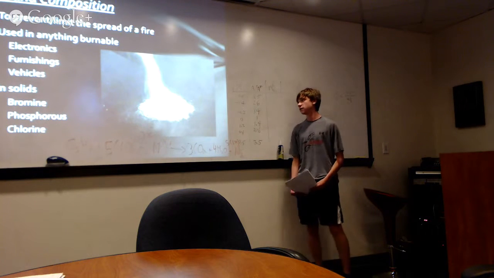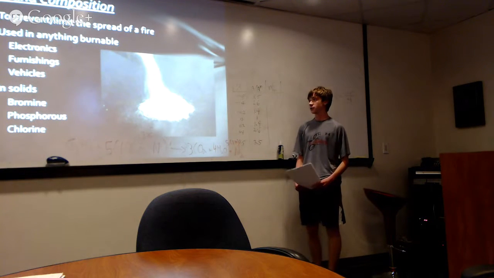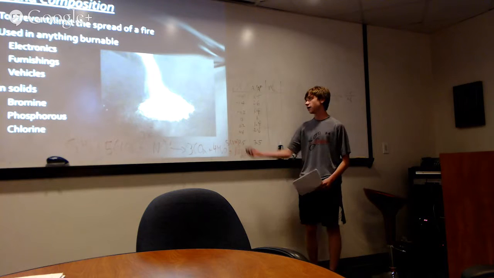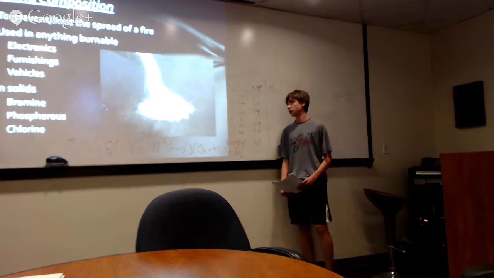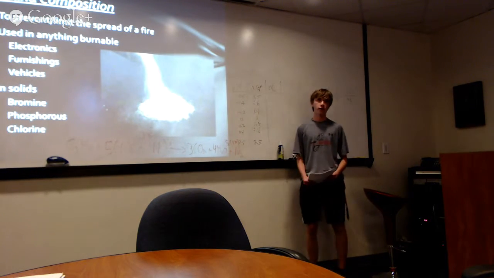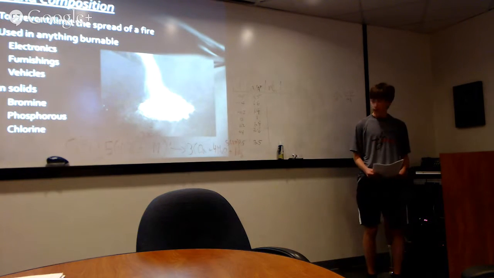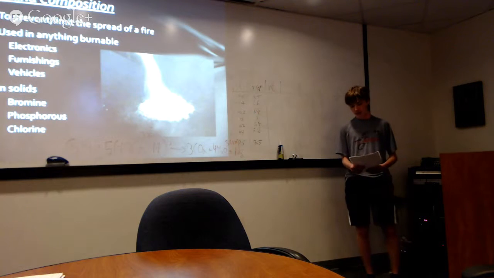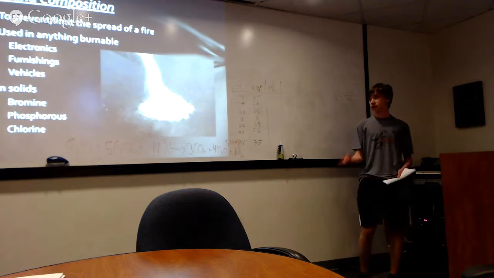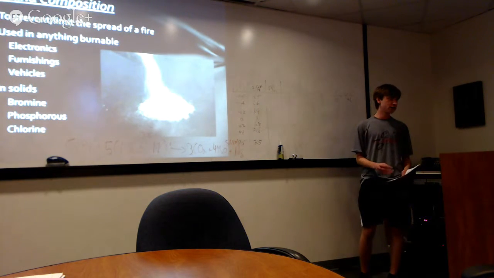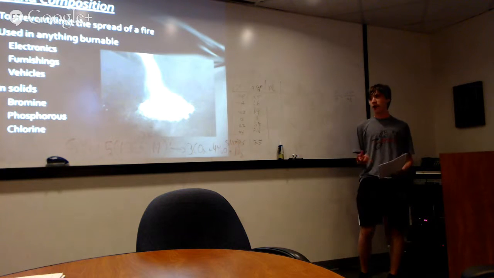So in solids, the top three flame retardants are bromine, phosphorus, and chlorine. And this is a picture of powder flame retardant of bromine. So the bromine flame retardant, when it's put in the material, it doesn't react with the oxygen.